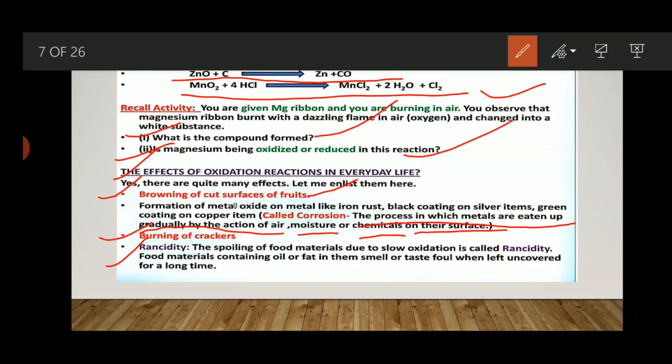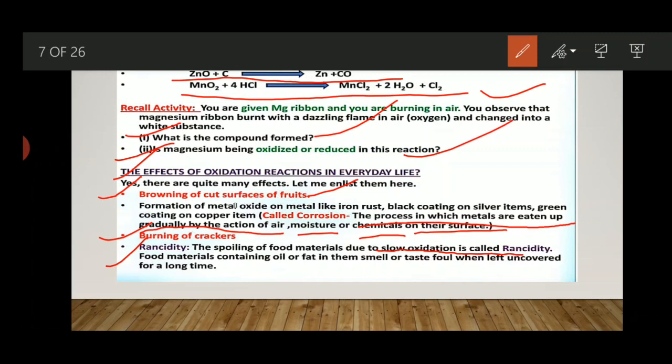When we keep our food material in which oil and fat is present for a longer period of time in open air or outside, in presence of sunlight or anything, it undergoes an oxidation process and we get a foul smell. So that process is known as rancidity. We can define it: the spoiling of food material due to slow oxidation is called rancidity.